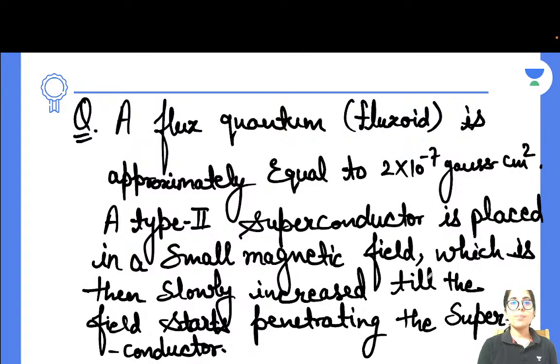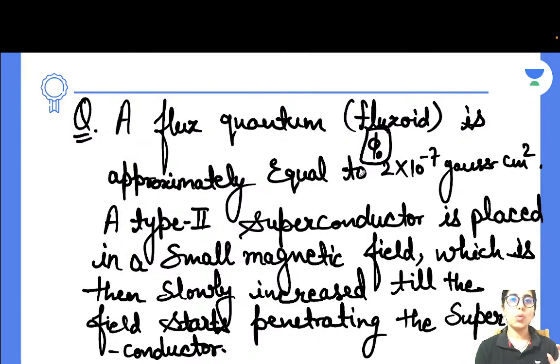Now let's go ahead. So actually you are gonna have the fluxoid given to you, which is phi naught, let's say, which is 2 times 10 to the power negative 7. Then a type 2 superconductor is placed in a small magnetic field, which is then slowly increased till the field starts penetrating the superconductor. So there are two things. When we talk about the type 2 superconductor, what happens in that case?